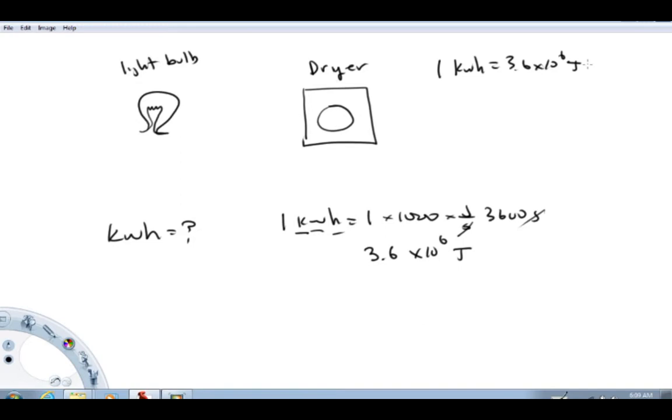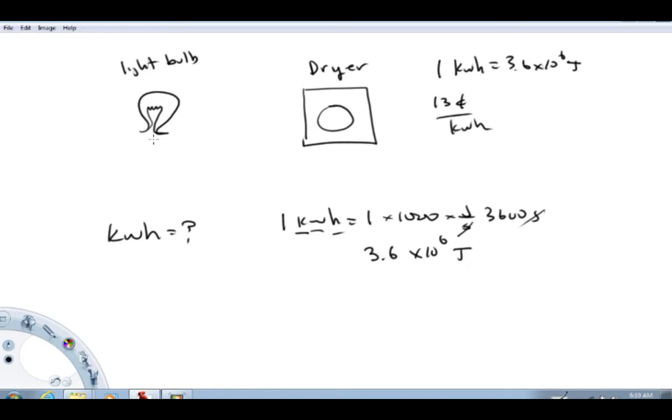Right now I pay around 13 cents a kilowatt hour. So in other words, it's 13 cents for every 3.6 times 10 to the 6 joules. And again, the joule not being extremely convenient, the kilowatt hour is a much more convenient unit to express here. Let me talk about some examples why.